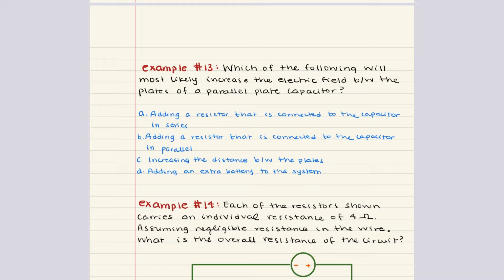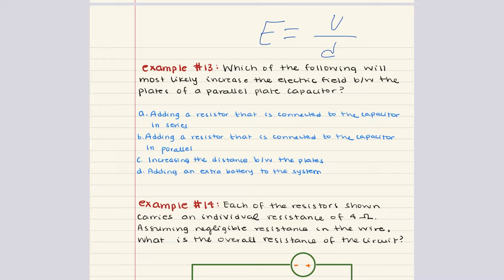When a voltage is applied across the plates, an electric field is generated between them, and the electric field strength is given by this equation, V divided by D, where V is the potential difference or voltage across the plates, and D is the distance between the plates.